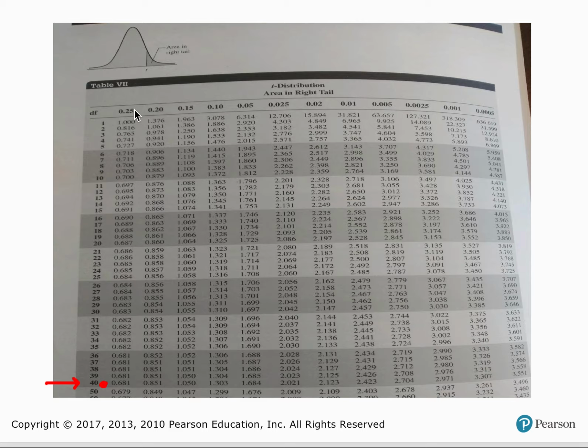Meaning that 0.25, right? So this 0.25 needs to be doubled because it's a two-tailed test, right? So it means this and this added in here is 2 times 0.25 or 0.5.